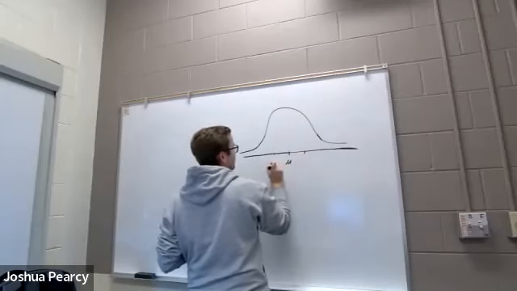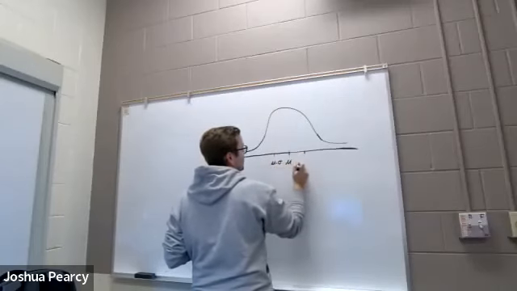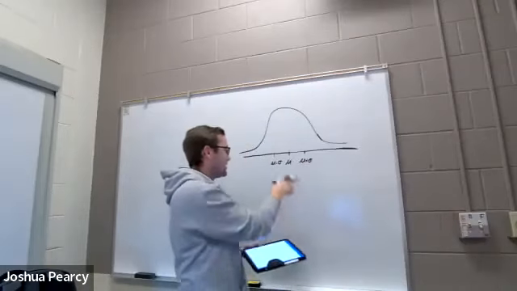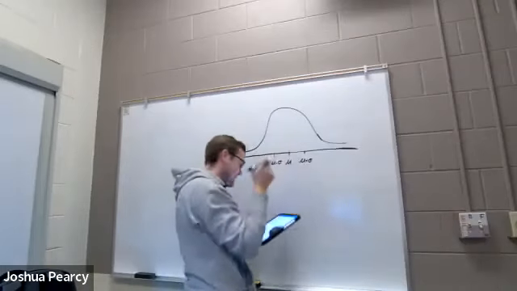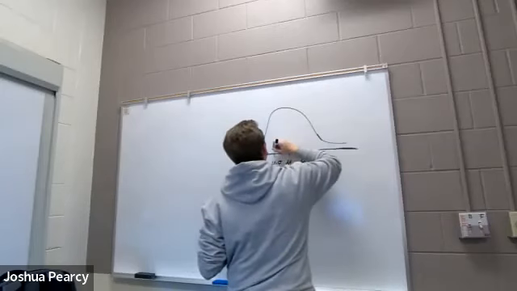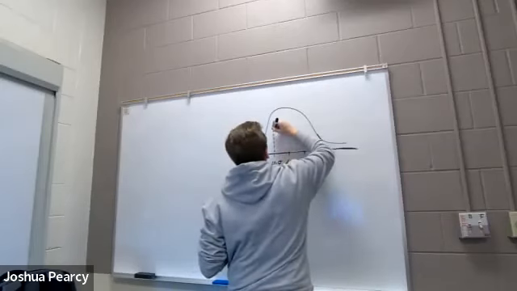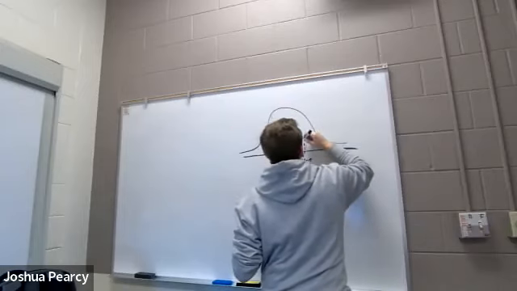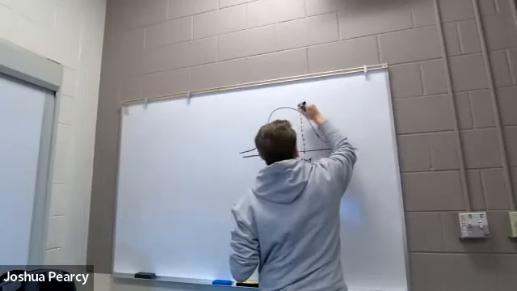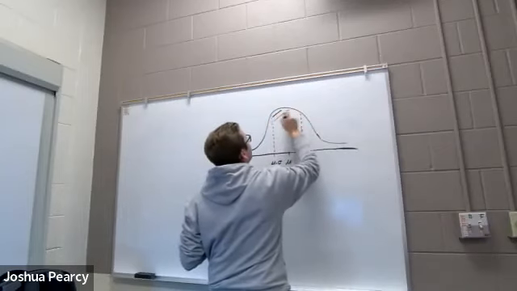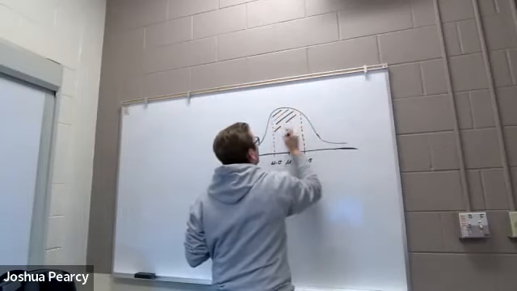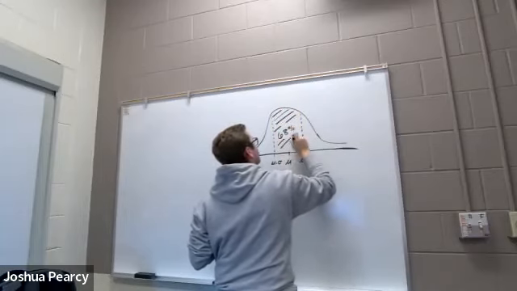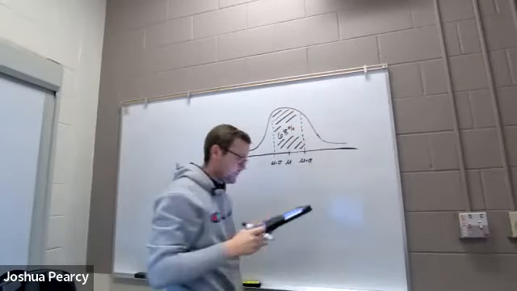So you have mu minus sigma, mu plus sigma. So the probability of it lying within this region right here is 68%. So that'll look like this. Okay, that was not a straight line, but that's okay. The area in here is a whopping 68%. That's what the first one says.